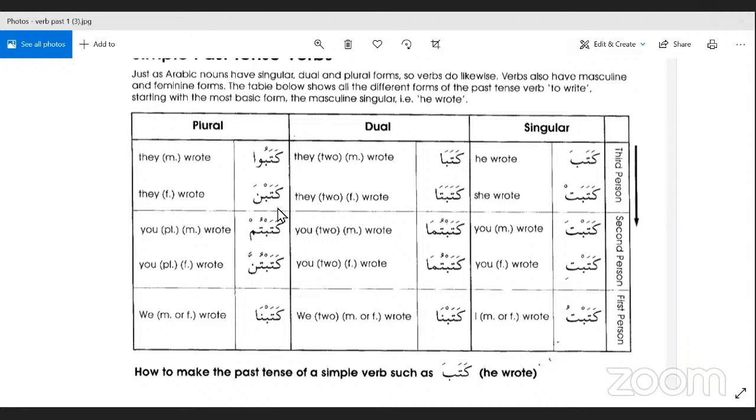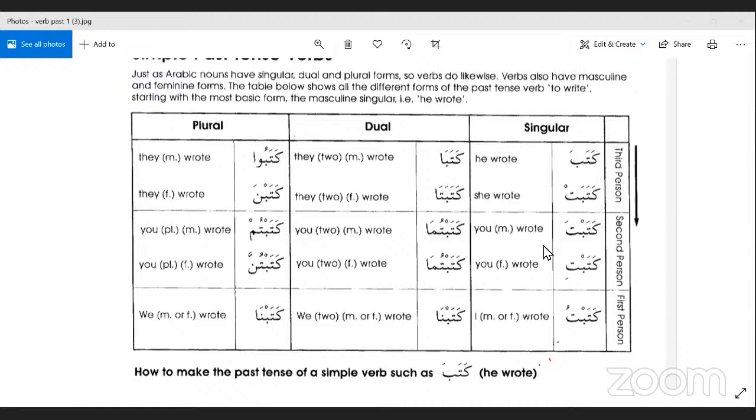Now the second person conjugations will be katabta. The translation will be you, male singular, wrote. Katabtuma, for both male and female, stays the same, and the translation will be you two males wrote and you two females wrote.